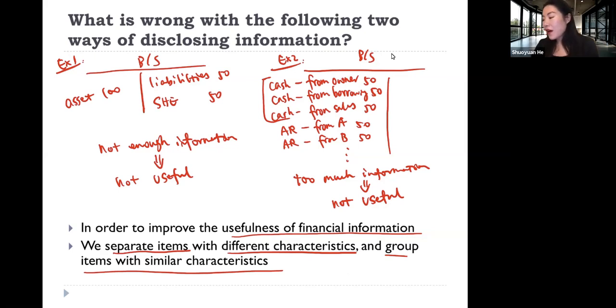However, cash and account receivable are items with different characteristics, so we need to separate those, instead of grouping all of those together and just reporting asset. So this is what we do when reporting those balance sheet items.